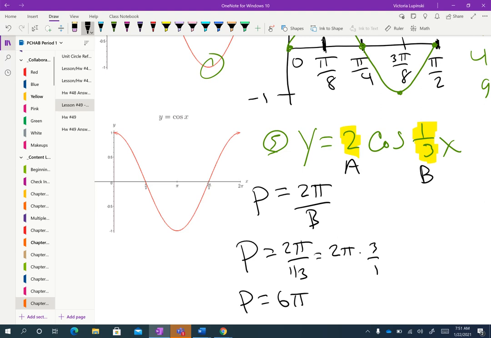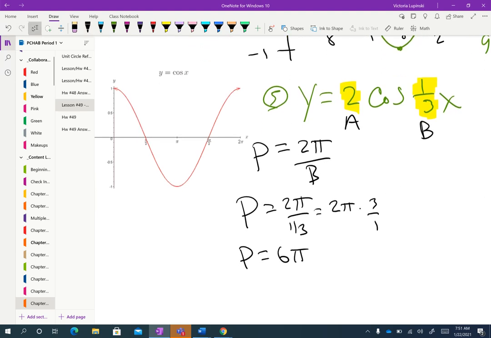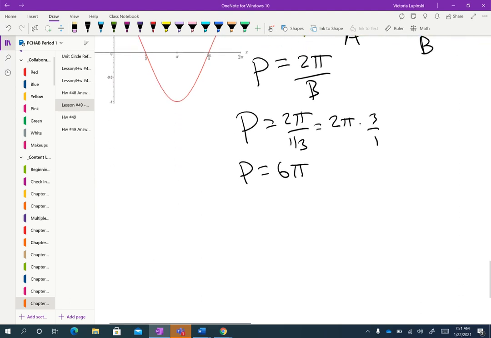So what am I going to do here? Well, I'm going to start by setting up my curve. Give myself a little bit more room. So again, I am going to label my x's first. So starting at 0 and now ending at 6 pi.